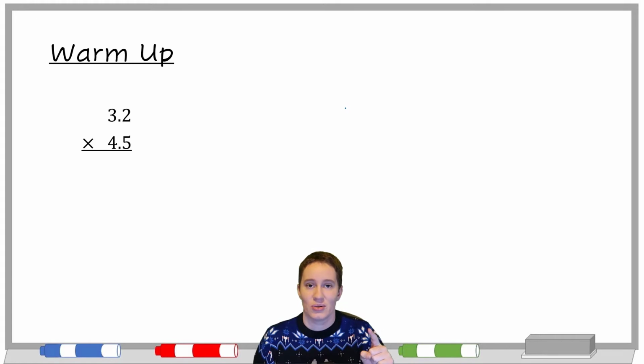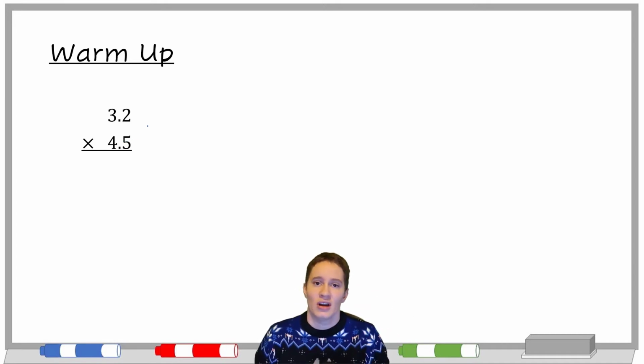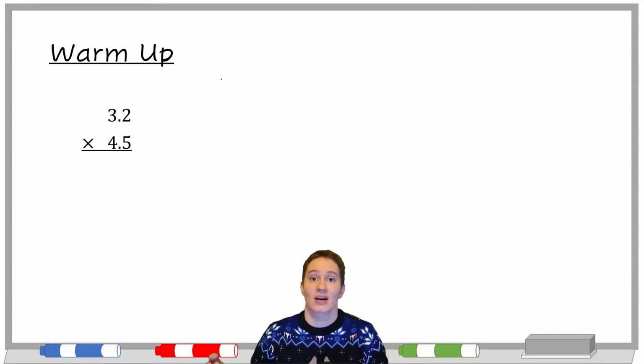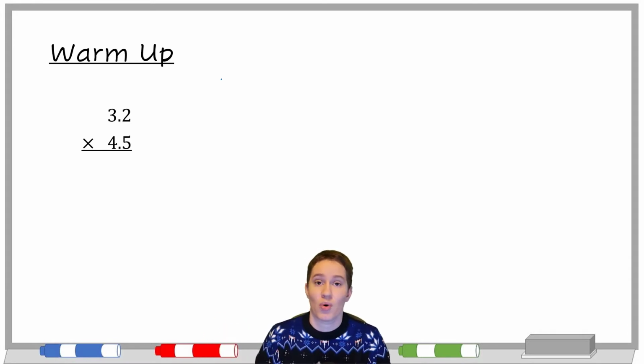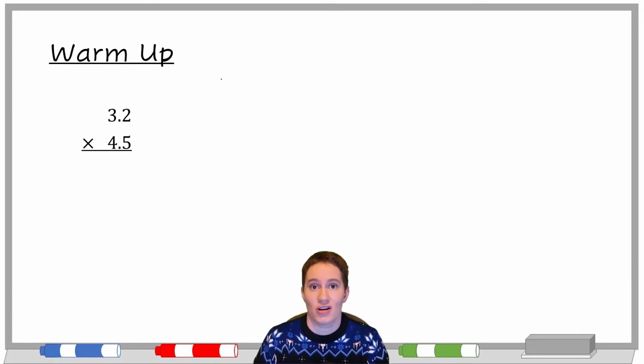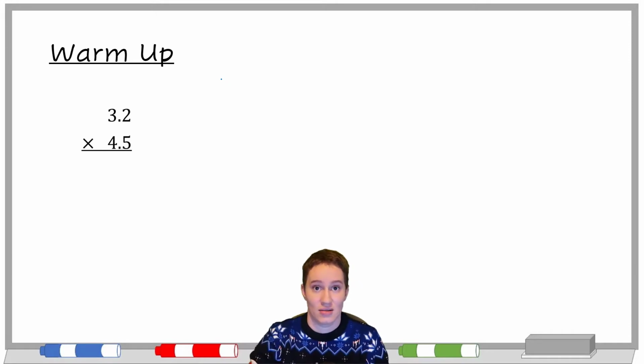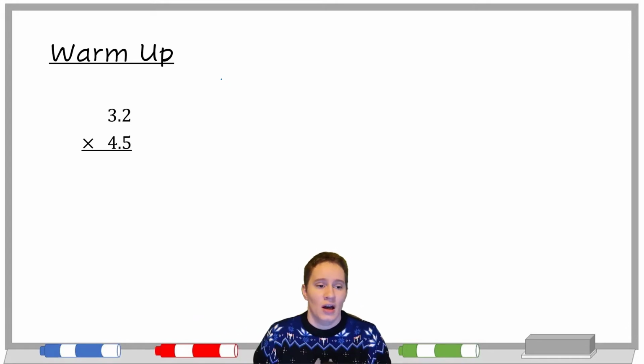Another issue would be remembering to carry and the steps that we do, remembering to put placeholders. There are so many places to mess up that as we're checking our work, it's important that you figure out if there's a pattern to what you're doing wrong, because if there is, then you should try to focus on getting that part right as well as all the other parts.